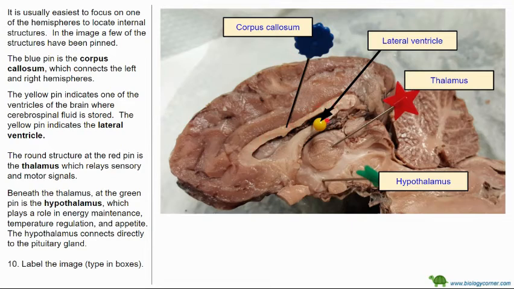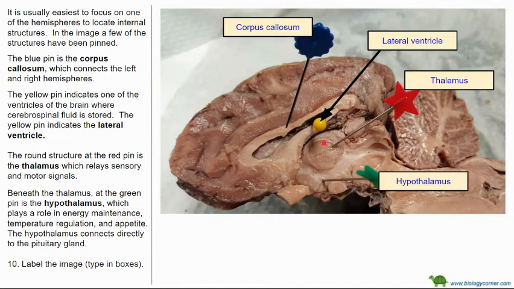All right, the yellow pin is in the lateral ventricle, right, which is the space here, and this is where cerebral spinal fluid is stored. The round structure here, so this little circle of tissue, is the thalamus, right?